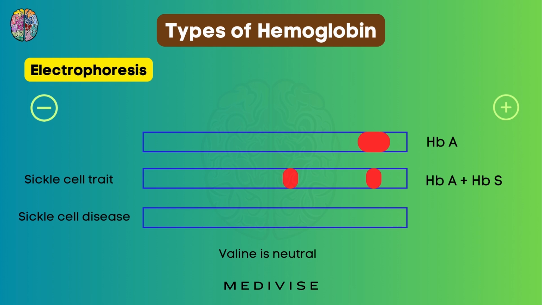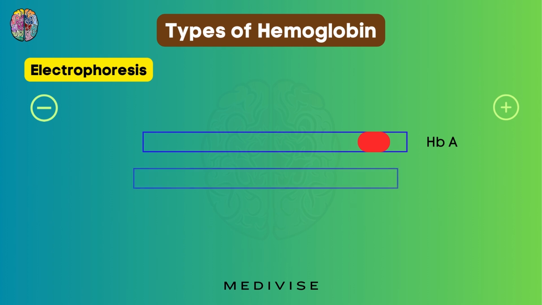Okay, so in this case, almost all of the hemoglobin that the person has will be HbS. Due to this, almost no hemoglobin will be found where HbA is normally there. All of the hemoglobin will be collected at one point, which is more towards the negative pole. Now, similarly, let's see what happens in HbC trait. Here the person will have both HbA and HbC, and you already know that lysine is positive.